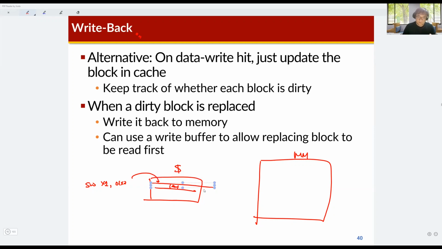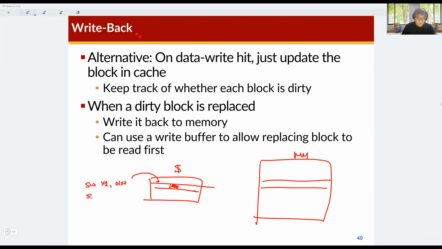That is write-through, but write-back is different. Write-back means that this cache line is updated by the store instruction, but this update is not immediately sent to the main memory. So what does that mean? This update is just stored in the cache.